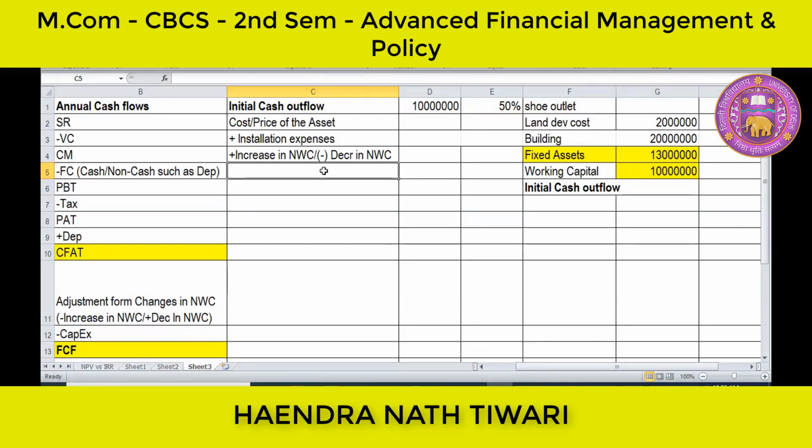So if there is an increase, now understand, currently you are operating, let's say you are manufacturing 1 lakh units per year, and you buy a new advanced machine that will produce 1,30,000 or 1,50,000 units per year. Now your production capacity goes up.